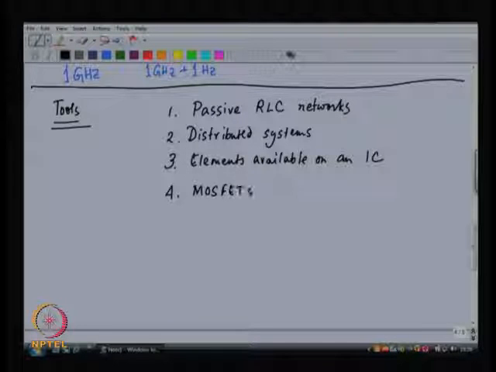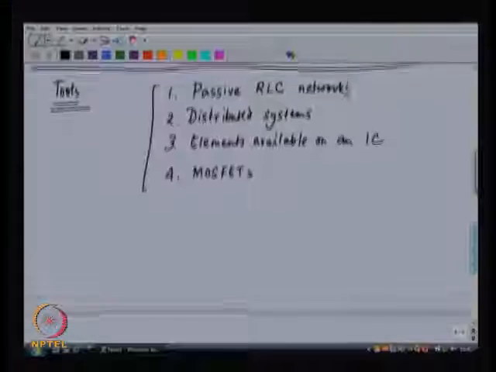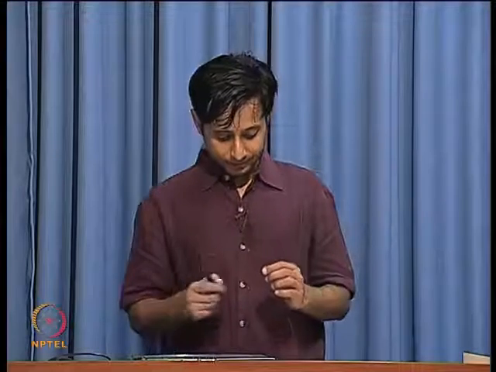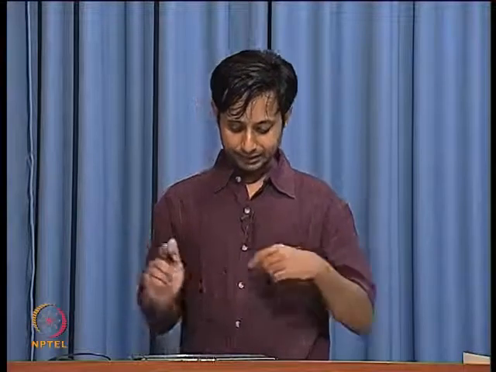Only after we cover all of these four aspects are we going to be able to start with low noise amplifiers. So, it is going to be a while before we are able to do that. Most probably we won't be able to start with our objectives in the first half of this course. So, LNAs will start only in the second half, most probably.